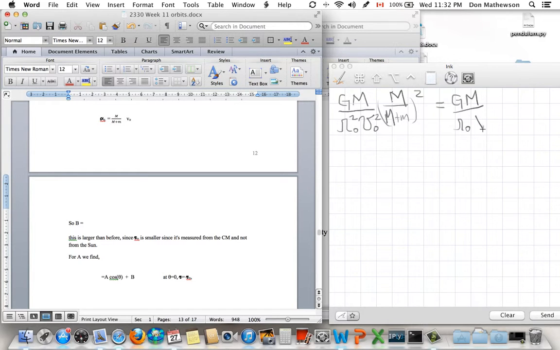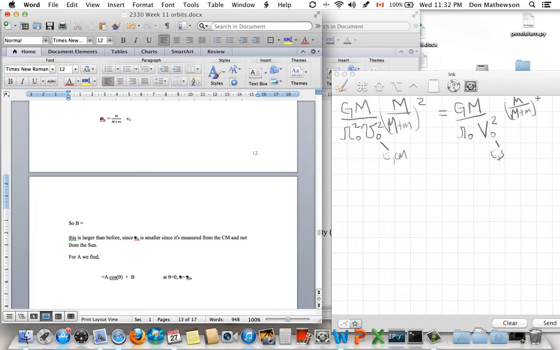So you can see we're going to get, and again, this is Earth, sun. This one here is Earth, center of mass. And we're going to have the same mass term affecting the numerator as we are the denominator, so it's going to cancel out.